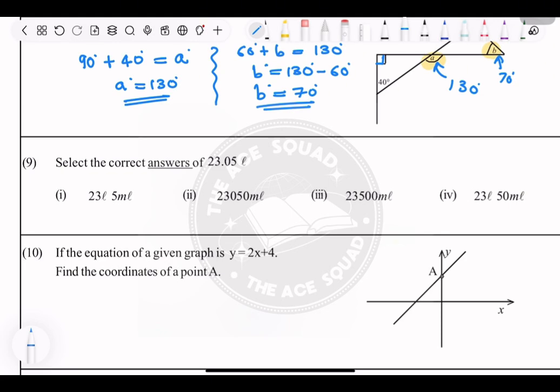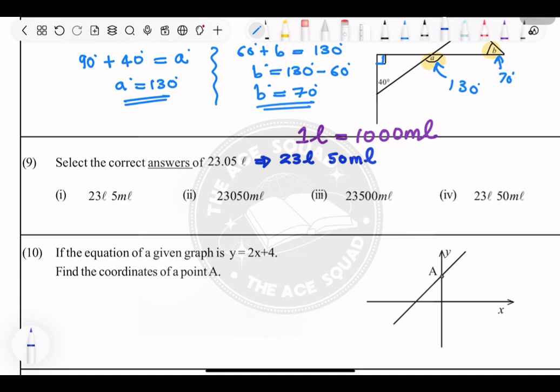So is that true? If you convert, let me show you, 1 liter, I'll write that in another color. 1 liter is equal to 1000 milliliter. So this particular 23.05 liters given in the question, when you write that in liters and milliliters, it is 23 liters and 50 milliliters. Why?